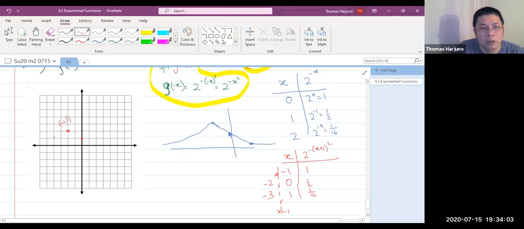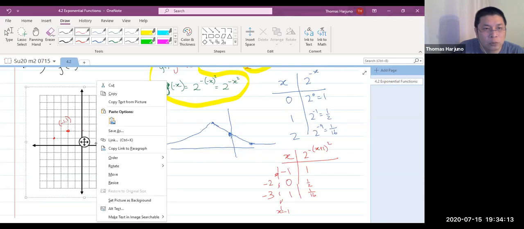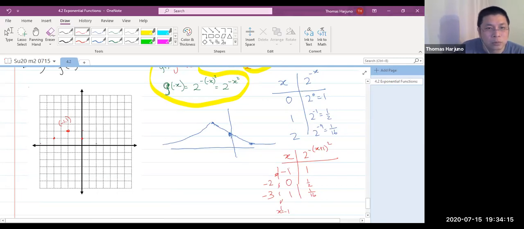When x is -2, that's 1/2. And then when x is 1, that's 1/16. So 1/2 divided by 8 is very small. Like this. So the graph will be approximately like this, but it dies down super fast.